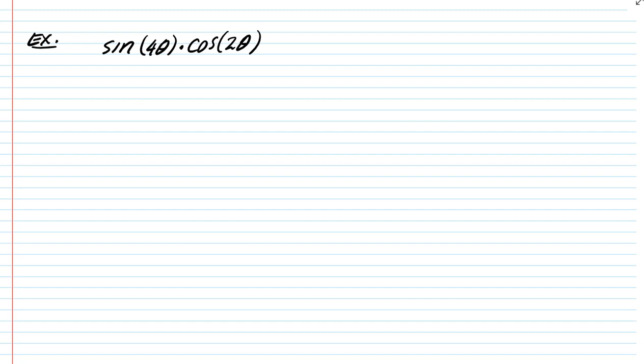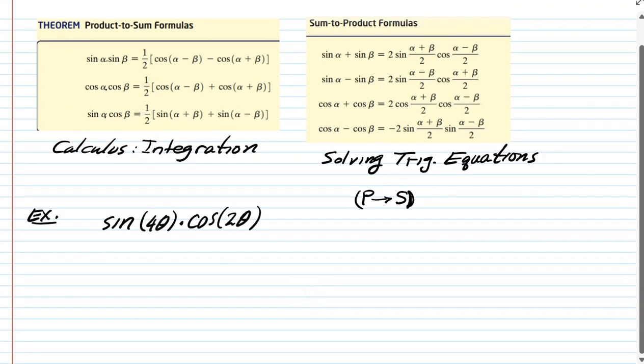So we do have a product, and we want to change this from product to sum. We want to rewrite it as a sum or difference of trig functions. So how are we going to do this? Well, we're going to make sure we have the correct product to sum formula. Some involve both sines, some both cosines, and the sine cosine one is the last one.